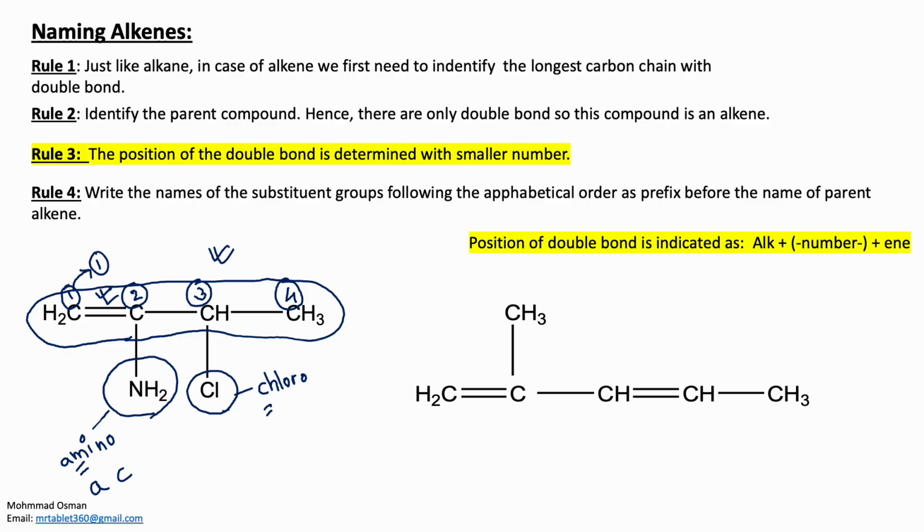So let's name this compound. The amino group is at position 2, so it's going to be 2-amino. Always remember to put a hyphen between a number and a word while naming organic compounds. The chlorine is at position 3.